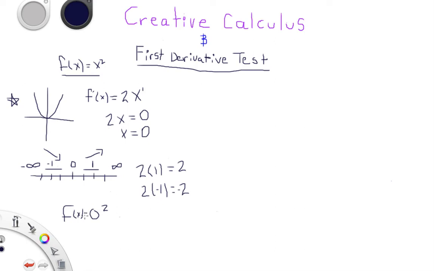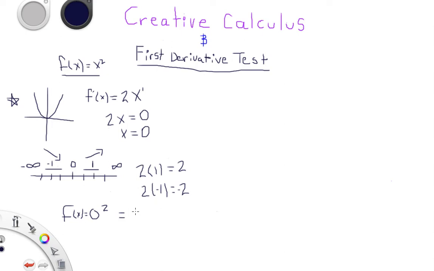So by looking at the values we got, we know that if a negative number is on the left side and a positive number is on the right side on your number line, then that means you're looking at a local minimum.